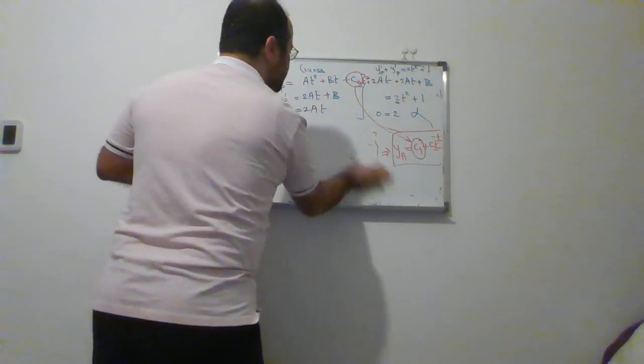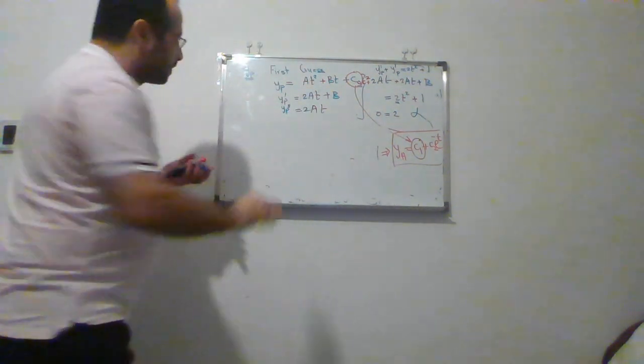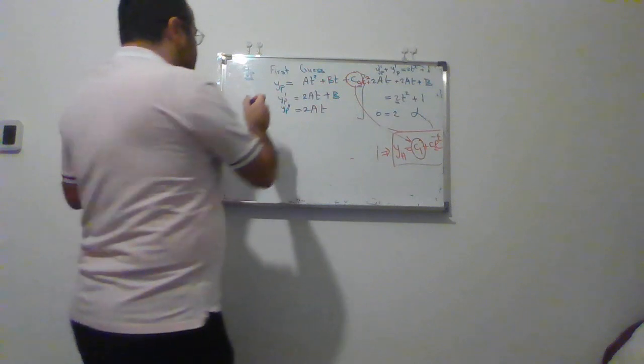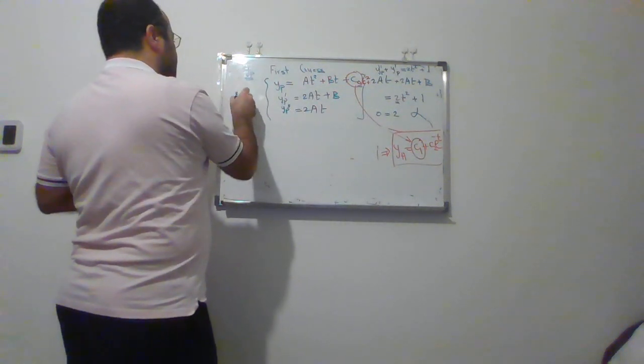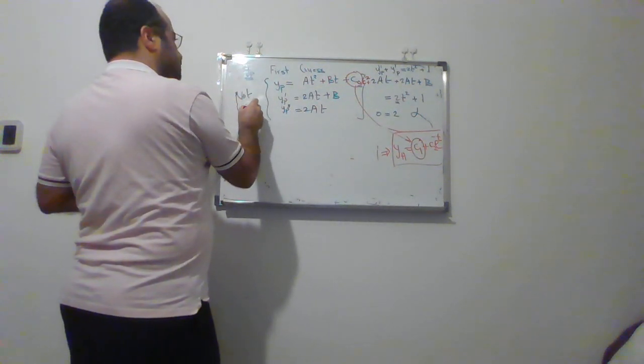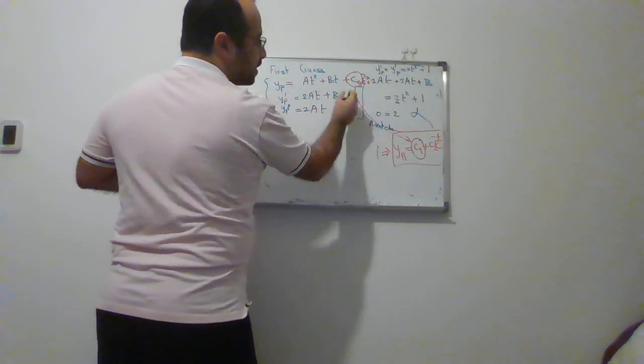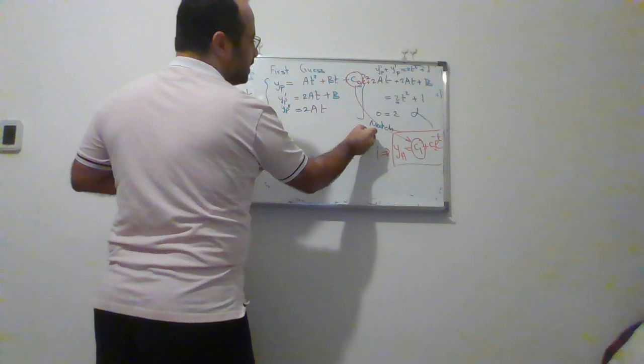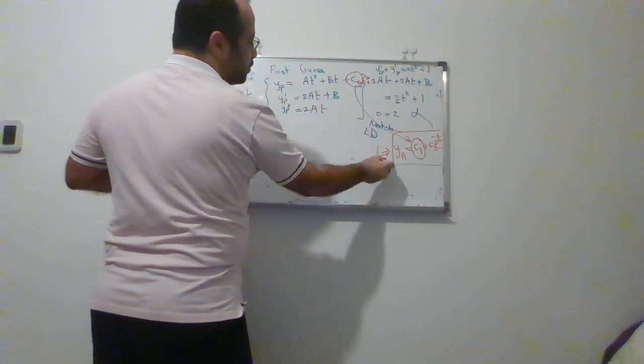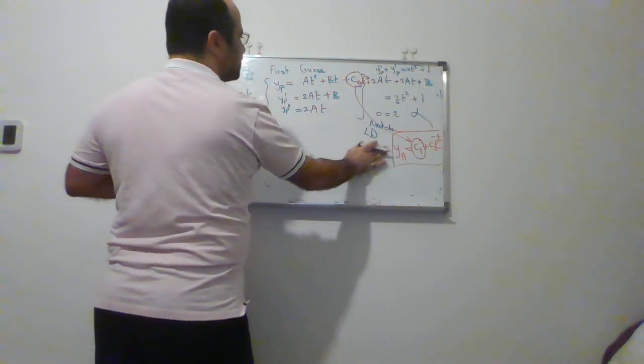So this is not good, because there is a match: they are linearly dependent, while homogeneous and particular should be linearly independent.